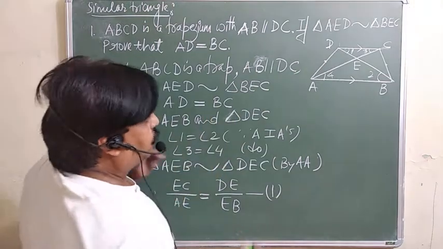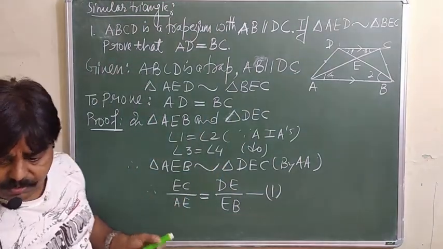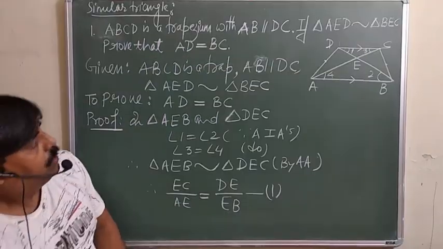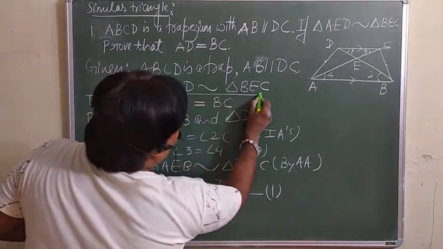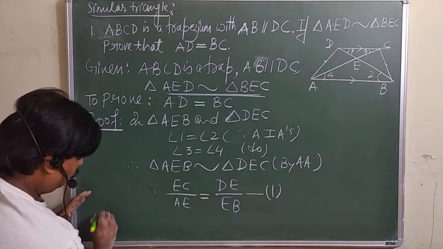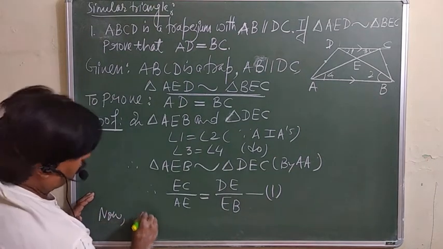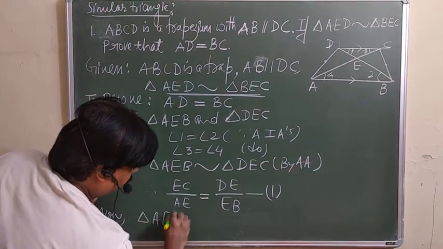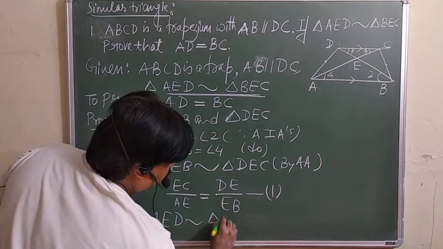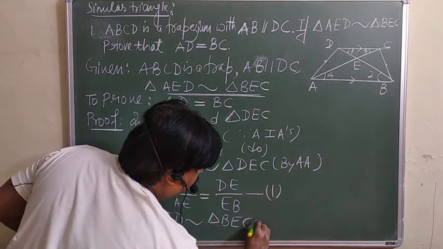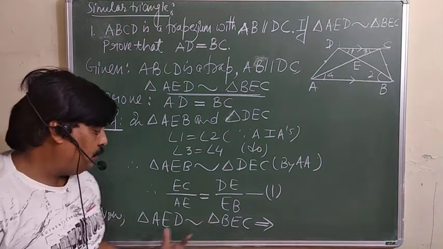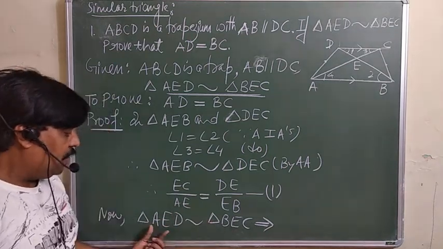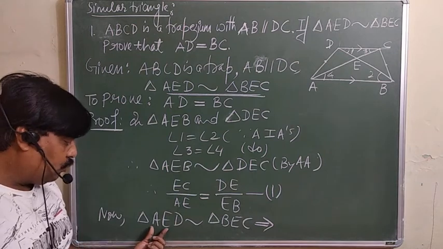Now the second case. These two triangles are already given similar: triangle AED is similar to triangle BEC. This is already given. If two triangles are similar, तो ratio of the corresponding sides will be equal. तो यहाँ क्या करेंगे?